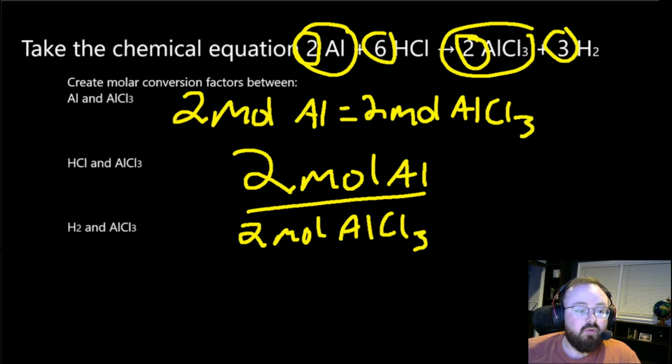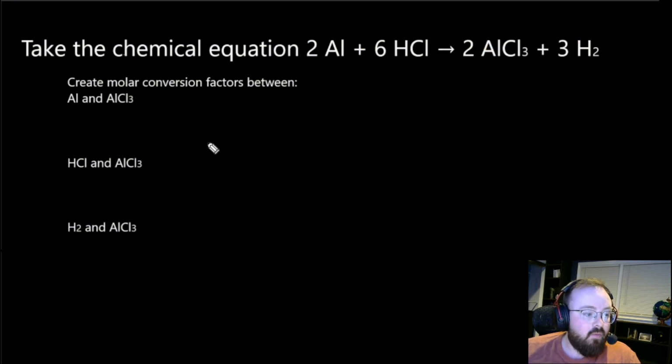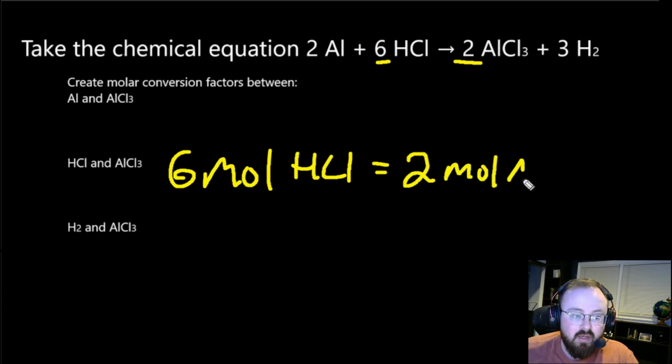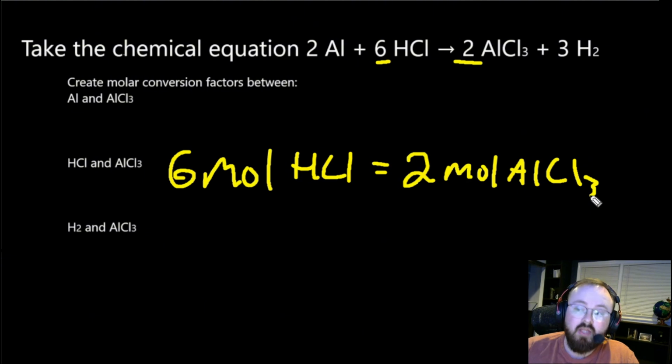Let's see between HCl and AlCl3. We again have to look at the coefficients to make our conversion factors. For every 6 moles of HCl, I will have 2 moles of AlCl3. For every 6 molecules of HCl, I have 2 formula units of AlCl3. It's in that same ratio.